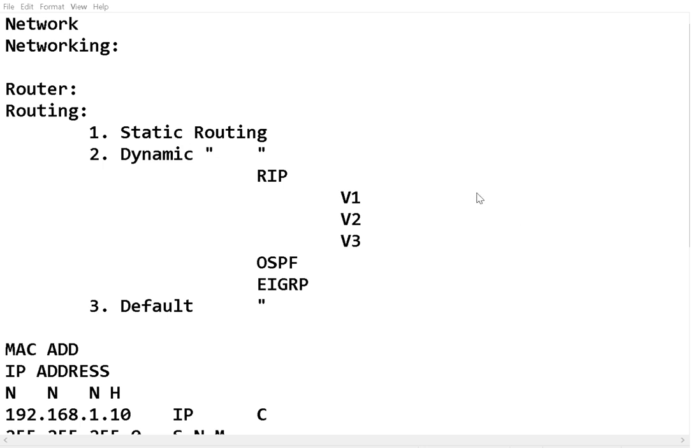Here I am not keeping any switch. Why? When do I require a switch? When there are many devices, more than two. Up to two devices, I don't require any network device. Here there is only one PC, so I don't require a switch. But for two or more than two, I require a network device.